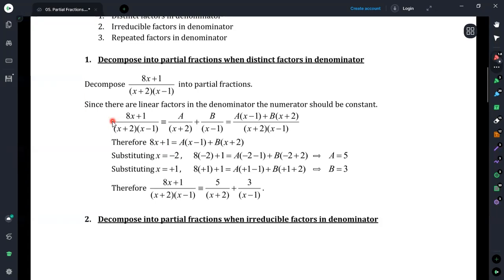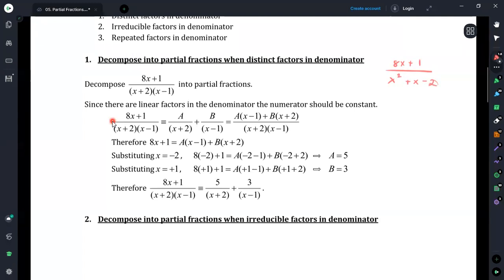As soon as you see this question, you can see that in 8x plus 1 over x plus 2 into x minus 1, the denominator is already factorized. But suppose it is given in this way: 8x plus 1 over x squared plus x minus 2.